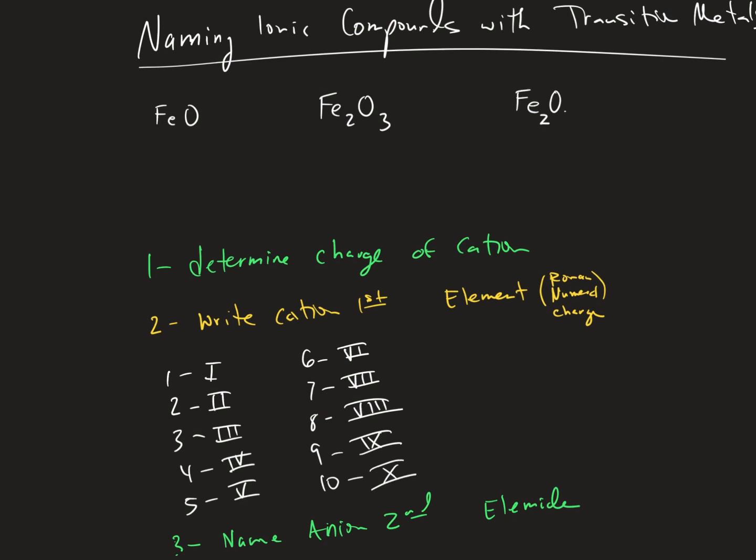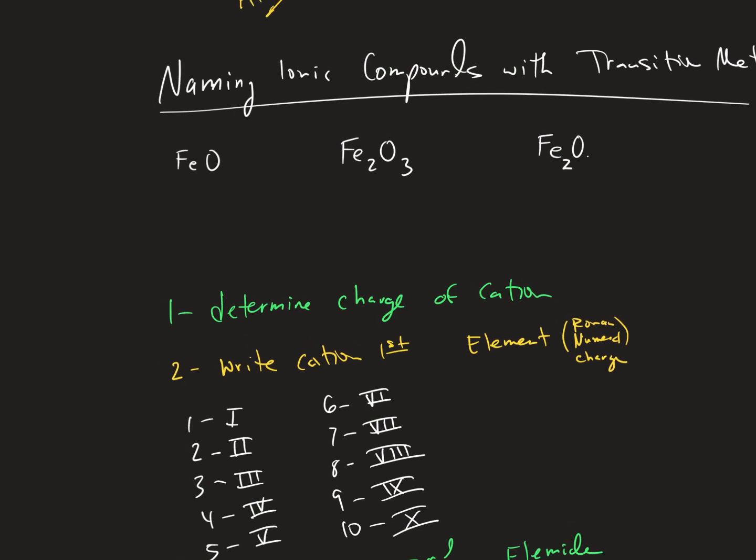All right, now let me show you how I figure out what the charge is. There's more than one way to do it. I put a line in between the cation and the anion, and put a line under it just to organize it. And you don't have to literally write this down. I'm just showing you how I'm thinking about this, okay?